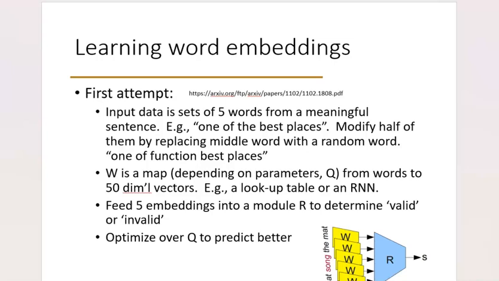By replacing the words randomly like this and training the model to classify the sentences we generate as valid versus invalid, so simple tags, valid versus invalid, we force the model to learn meaningful word representations. In that case, embeddings can be stored as lookup tables or learned using recurrent neural networks, for example.